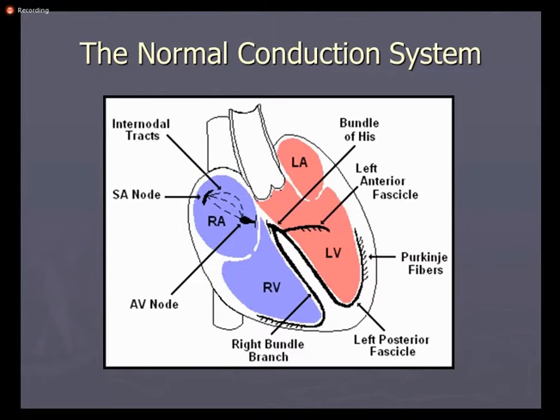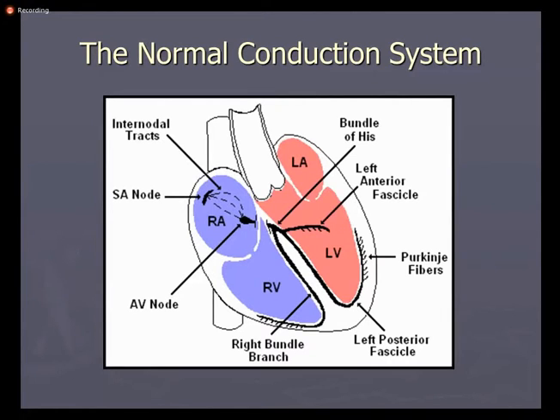The electrical activity which starts from the SA node goes into the AV node through the internodal pathway, which is present in both left and right atrium.